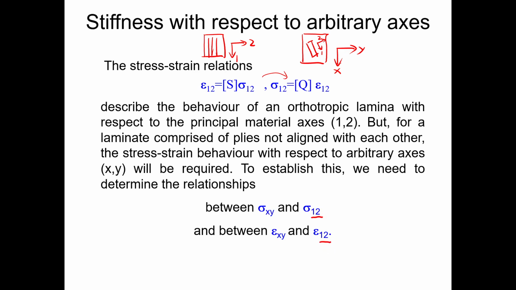But how about the stress in the x and y coordinate system, which typically is the direction we are looking for? We need to determine the relationship between sigma xy and sigma 1, 2, and between epsilon xy and epsilon 1, 2.